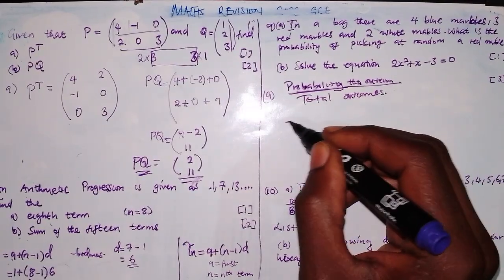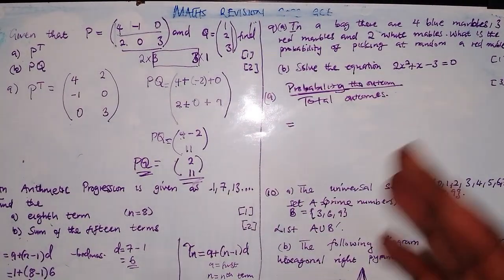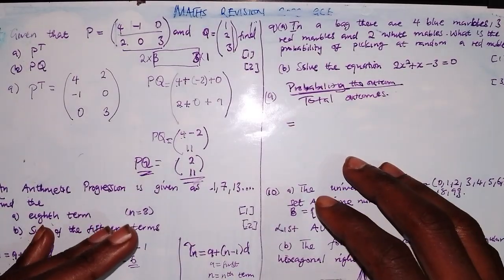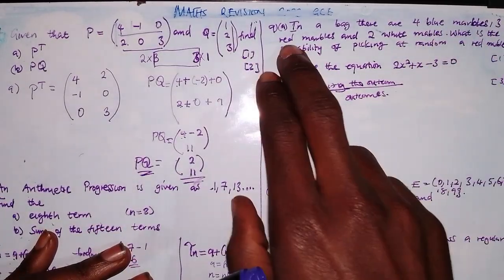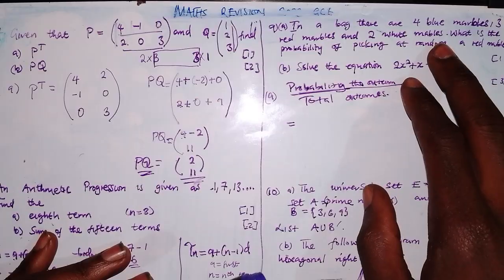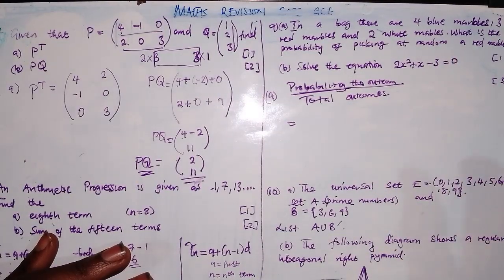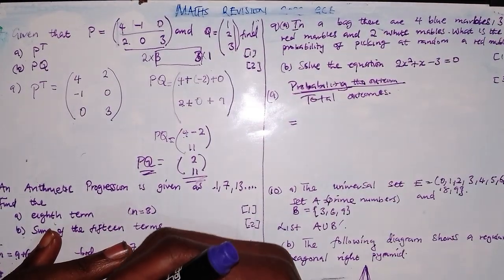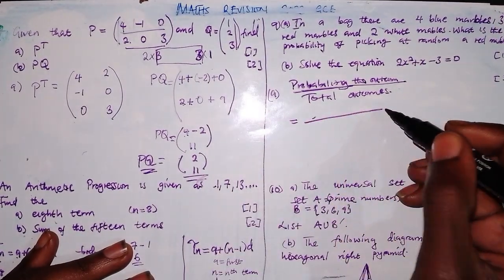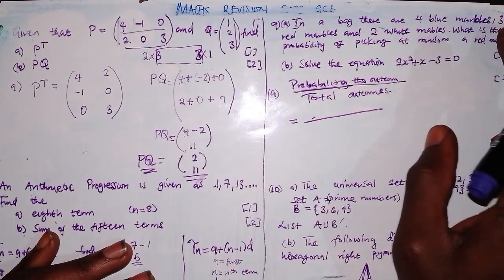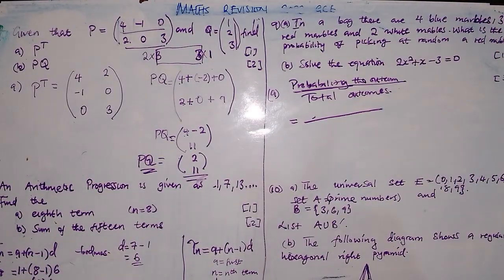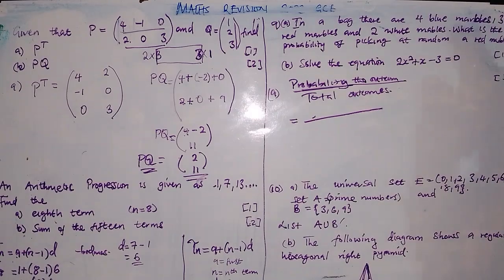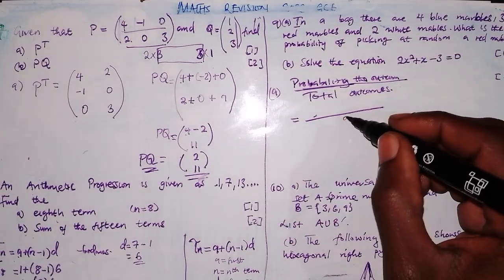So meaning if we have 4 blue marbles, 3 red marbles, and 2 white marbles, the total outcome is the addition of 4 plus 3 plus 2, which will give us what? If we add 4 plus 3, we have 7, plus 2, we have 9.